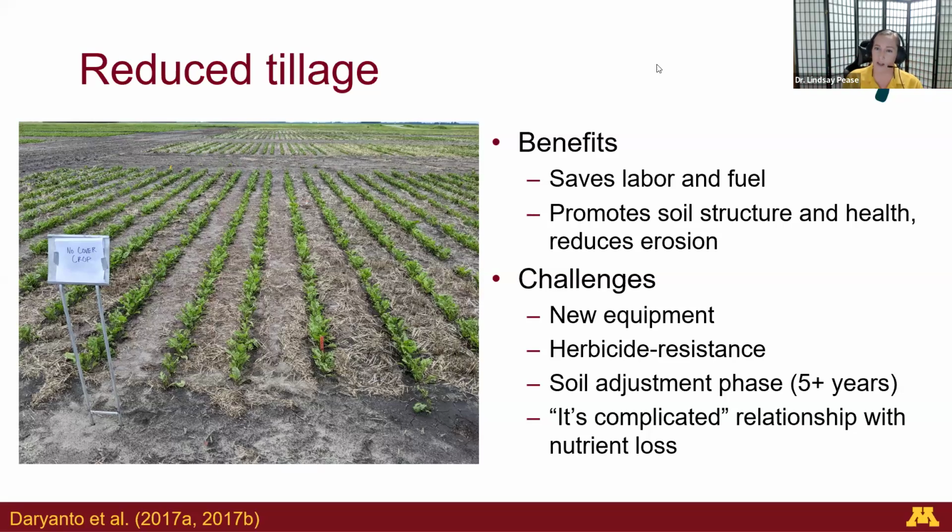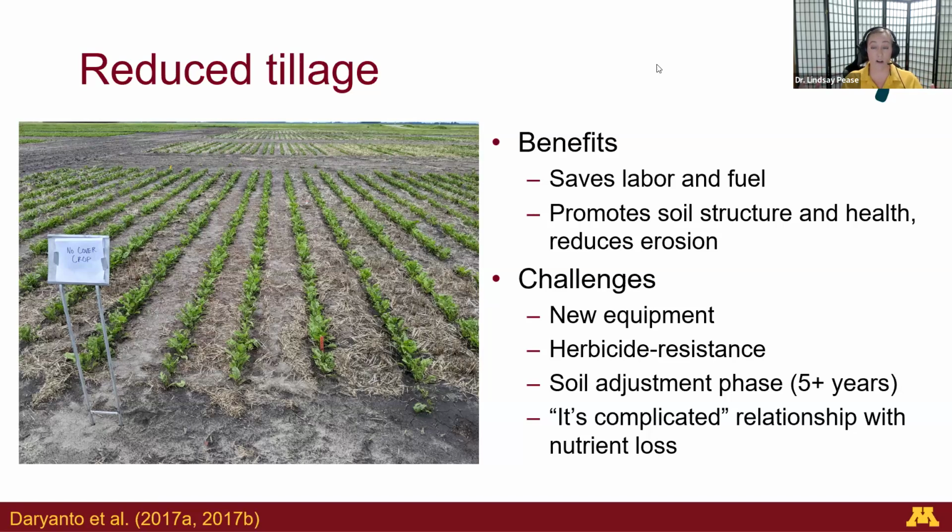But for some of those other nutrient targets, it can be a little bit complicated. One issue that I have seen, and I included the big review papers that I looked at on the bottom of the slide, is that when it comes to nitrogen losses, it doesn't really do a lot for how the nitrogen is moving through the soil.